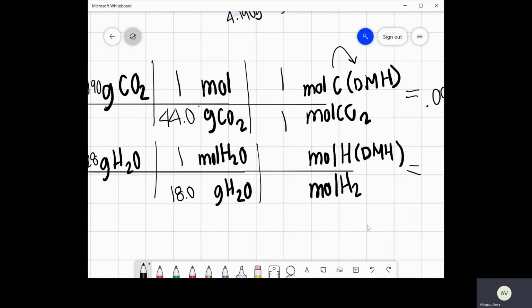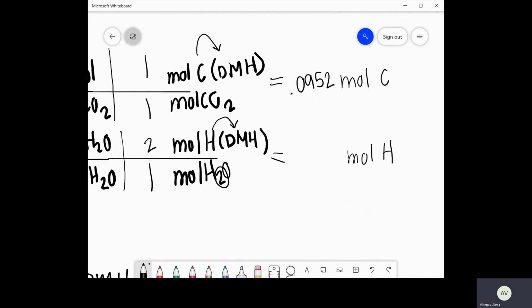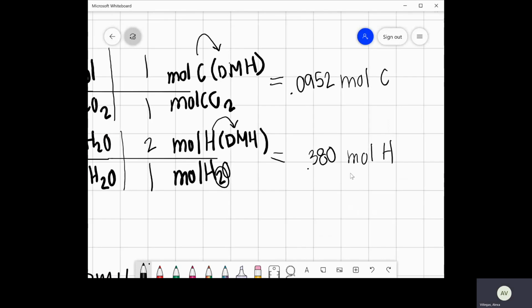And in 1 mole of H2O, we know there are going to be 2 H's somewhere in our product, in our reactant. Converted, that is going to give you 0.380 moles of hydrogen.